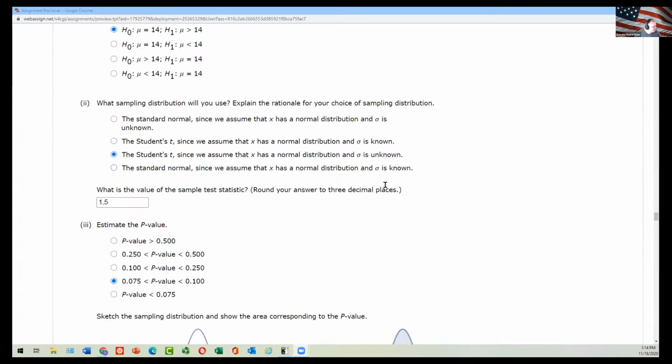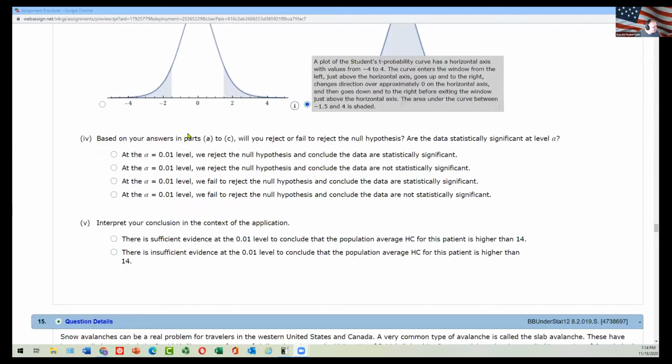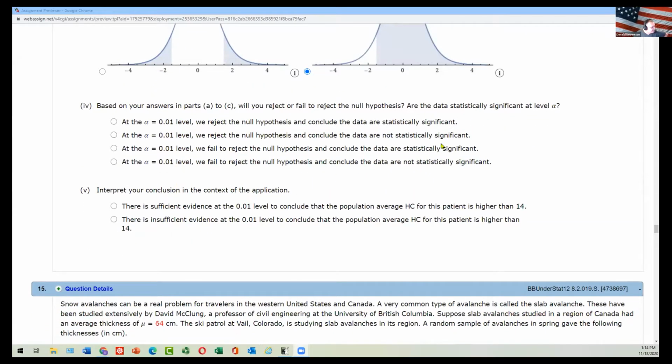So I'm now going to return to the homework and show how we state the same piece of information. Based on all the stuff, is the data statistically significant? The answer is no, it's not. So it could mean it's number 2, or it could mean it's number 4.